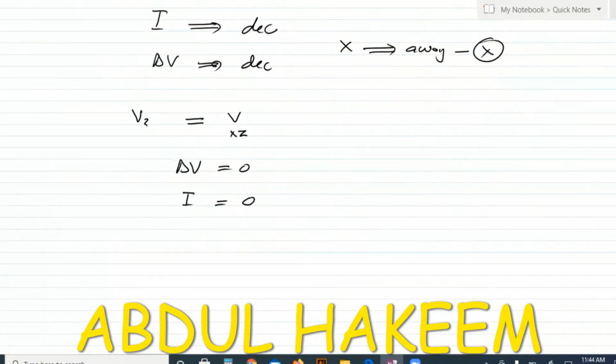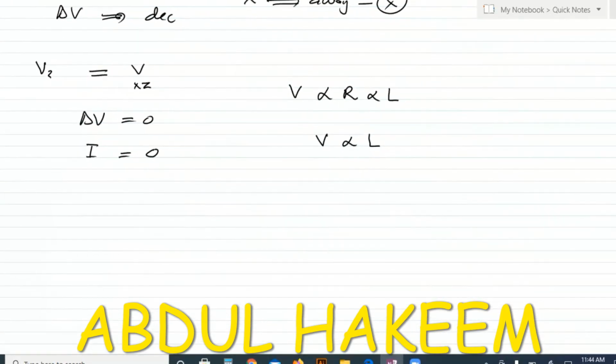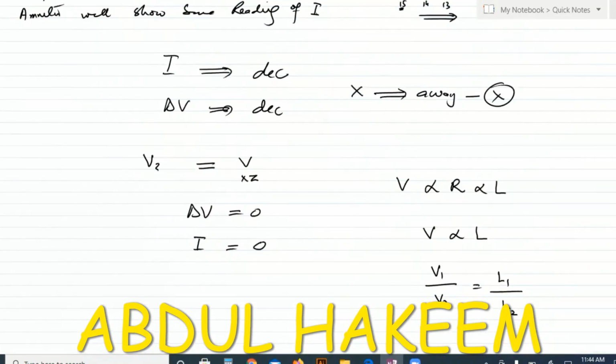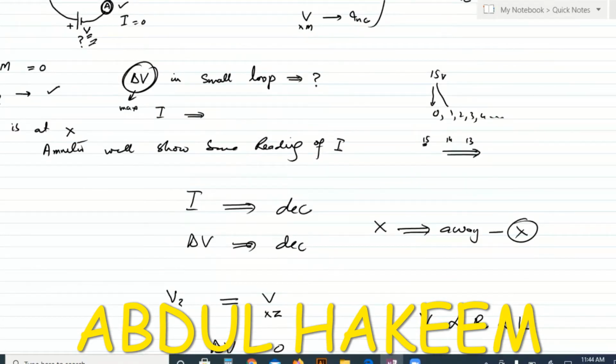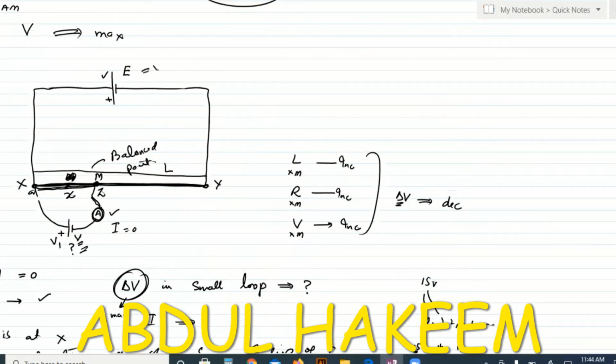Now we have seen that the voltage is directly proportional to R, which is directly proportional to L. So we can write V directly proportional to L, or V1 over V2 is equal to L1 over L2. If V1 is considered the voltage of this unknown cell, and V2 is considered the potential, the EMF of the known cell.